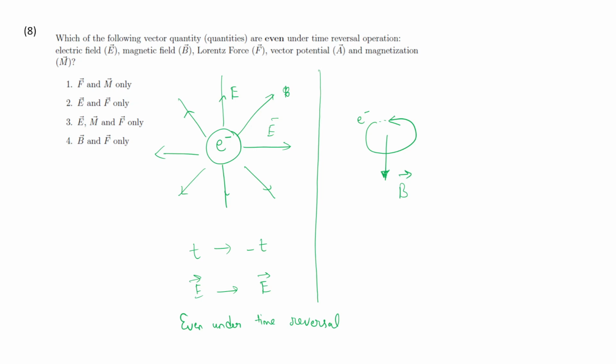This is like a current in a loop. Since there is some current in this loop, one electron is moving this way, and the magnetic field at the center will be along this direction.